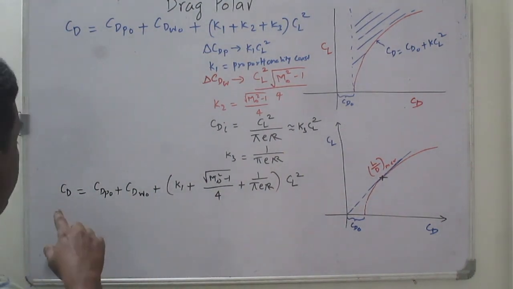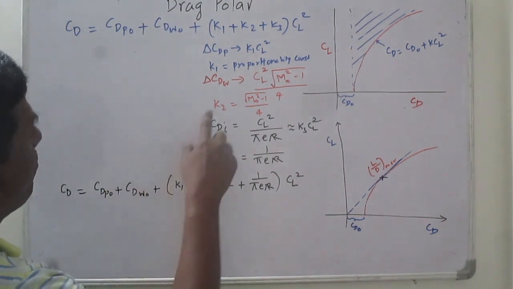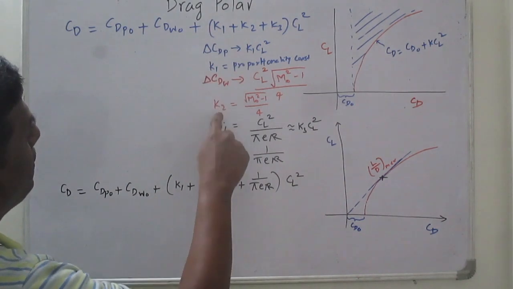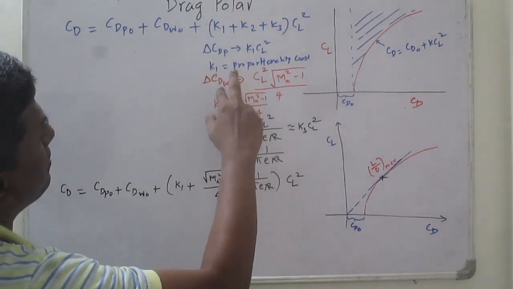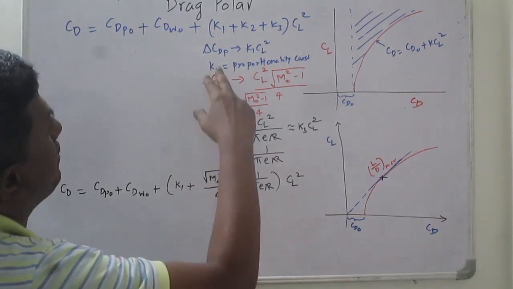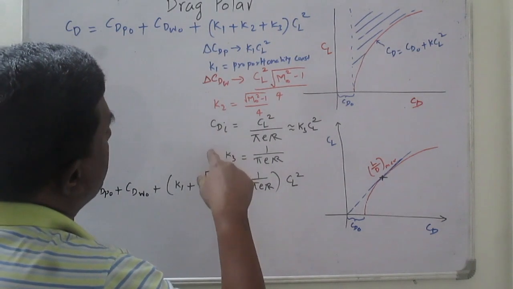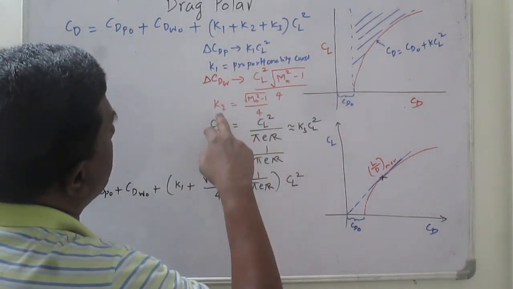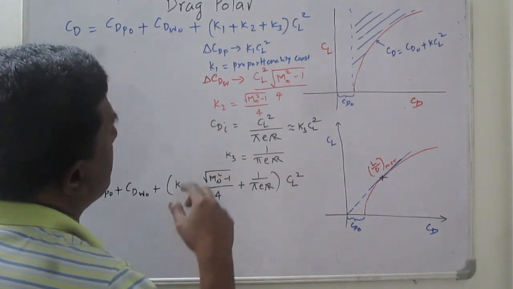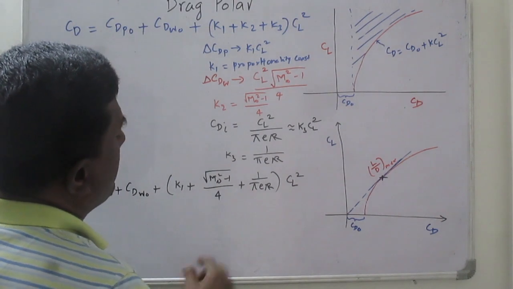This is the actual drag polar equation, because we know what k1, k2 and k3 are. K1 is the proportionality constant that comes from the incremental in the parasite drag coefficient. K2 is based on the wave drag, that is, the compressibility effect, and k3 is based on the induced drag.